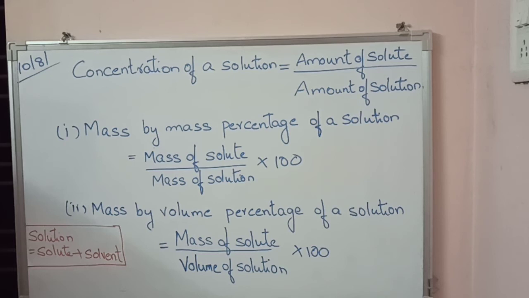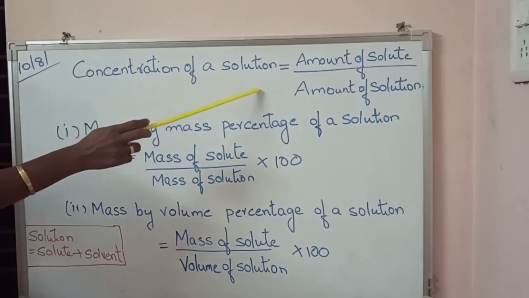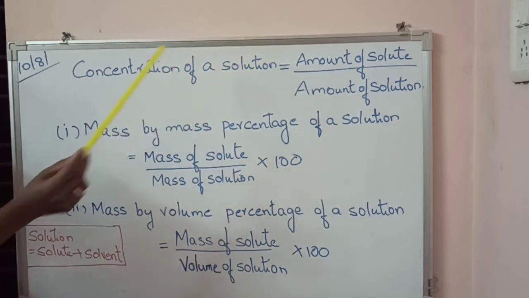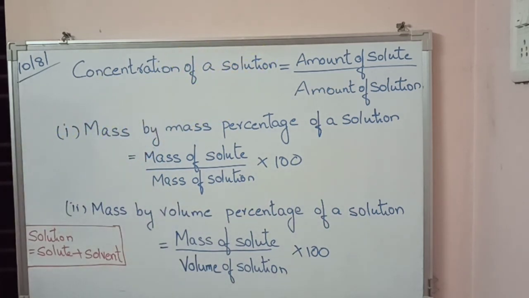The amount of solute in a concentrated solution is higher than that of a dilute solution. So the concentration of a solution is equal to the amount of solute by the amount of solution. There are two ways of expressing the concentration of a solution: mass by mass percentage and mass by volume percentage.